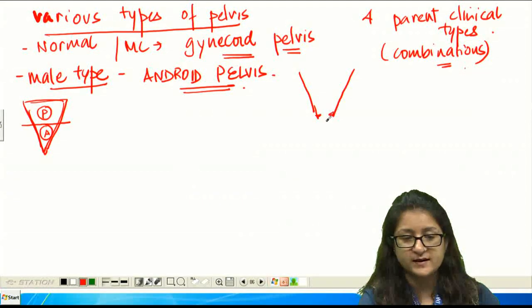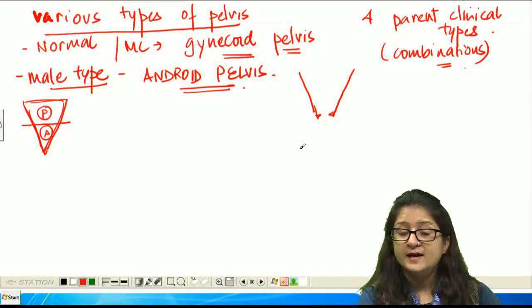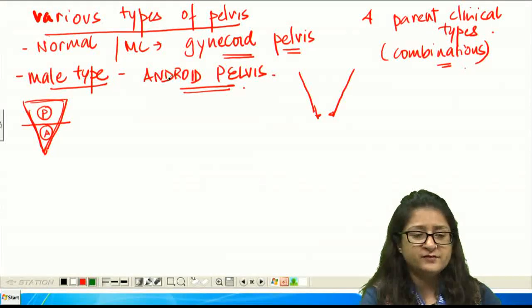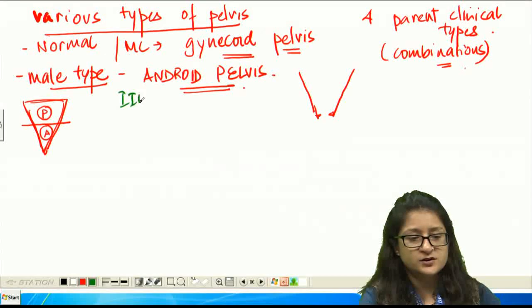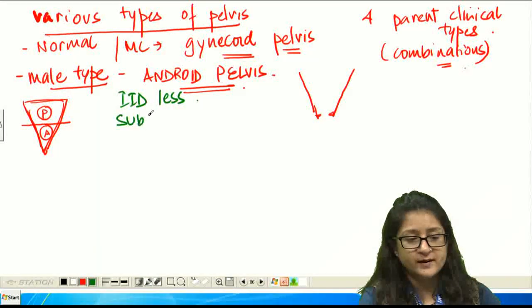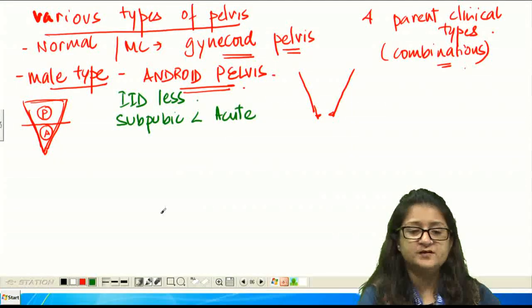So the interischial diameter is going to be less, the subpubic angle is going to be narrow. These are the important findings that you can write down: the interischial diameter is going to be less, the subpubic angle is going to be acute, less than 85 degrees.